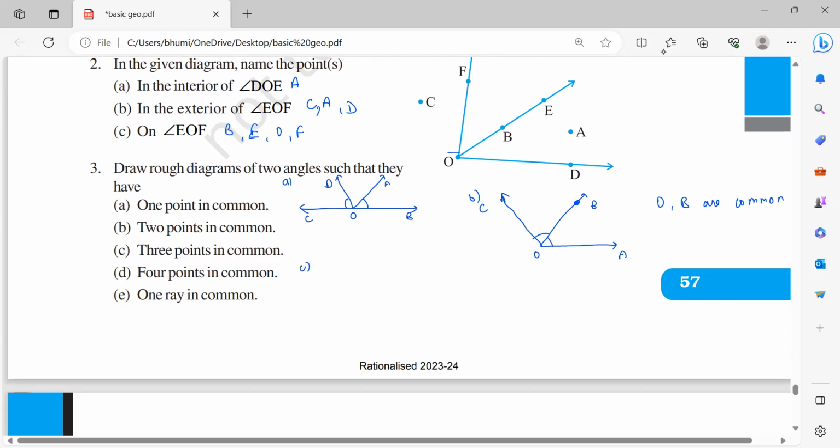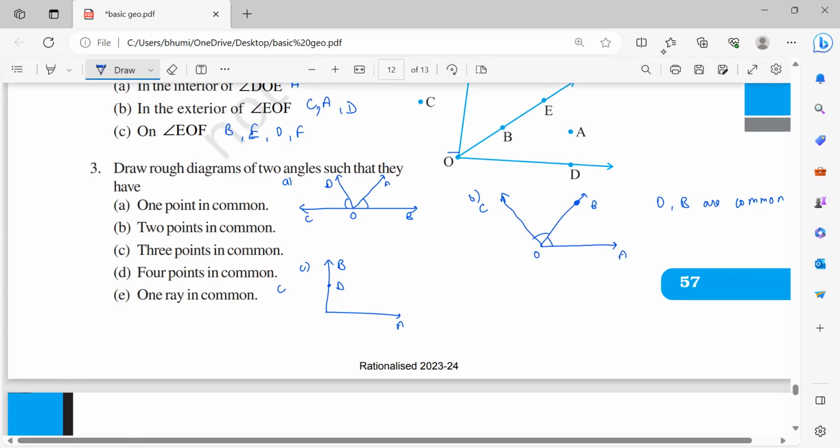For 3 points, we will draw it like this. So it is A, B, C, D, and O. So in this, we have O, D, and B as common.